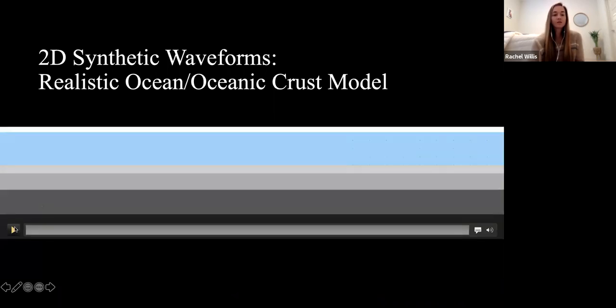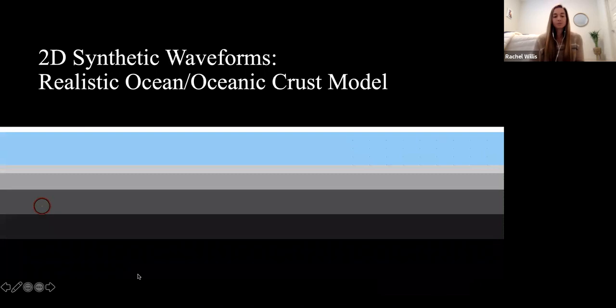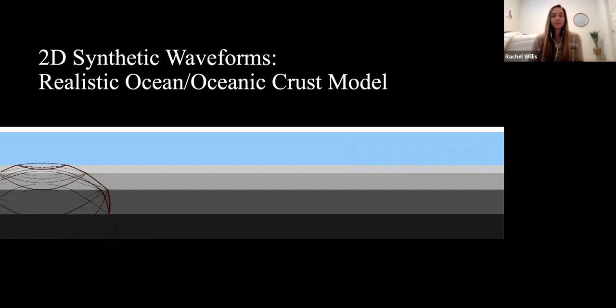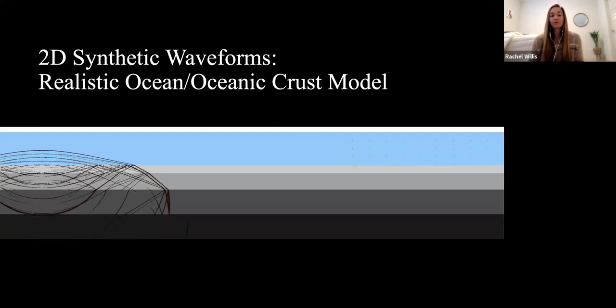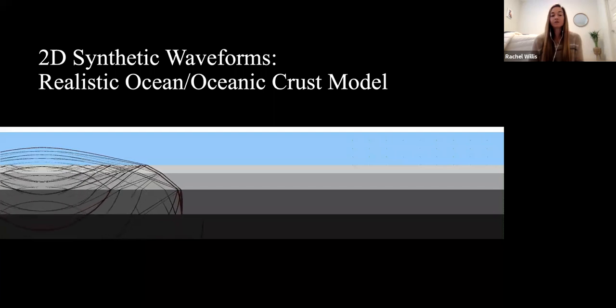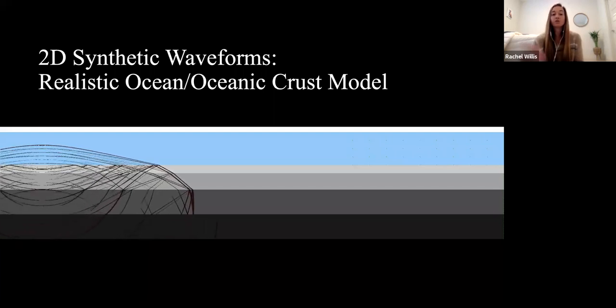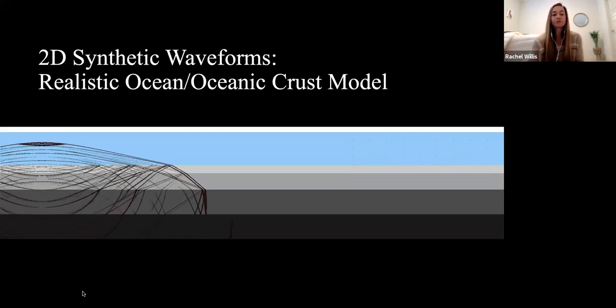Here is what this experiment looks like. You can see tons of reflections already, and it gets pretty complex. One interesting thing is that the ocean actually has a lot lower sound speed than the oceanic crust, so you can see that it's traveling slower in the ocean than in the crust.